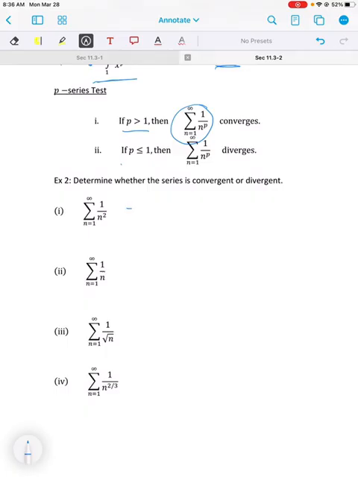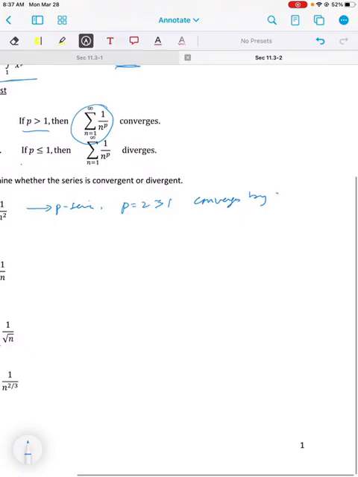So when you have a p-series, what you need to do is write your p. So you can see here, this is a p-series. p is equal to 2, which is greater than 1, so it converges by the p-series test.